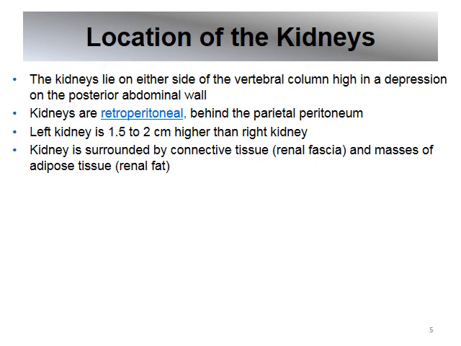The left kidney, like I said, is about 1.5 to 2 centimeters higher than the right kidney, and it's surrounded by a connective tissue called the renal fascia and masses of adipose tissue or renal fat. The purpose of the renal fat is to provide shock absorption. If you get hit in the back or have a car accident, you really don't want to have your kidneys dislodged and damaged, so they do have a lot of fat around them to absorb shock.